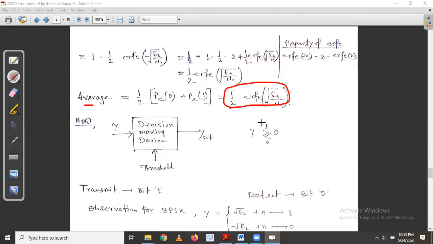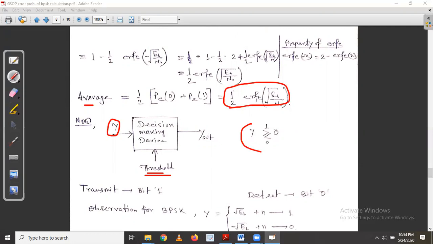Now, at the receiver side of BPSK, we have shown that Y, which is nothing but the observation, is coming into a device which is the decision-making device, in which there is some value which is known as threshold. Above the threshold value, receiver will give the result in favor of 1, and below the threshold value, receiver will give the result in favor of 0.